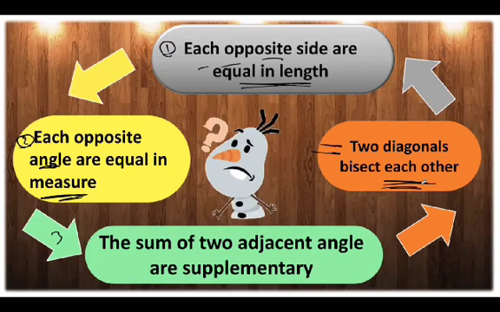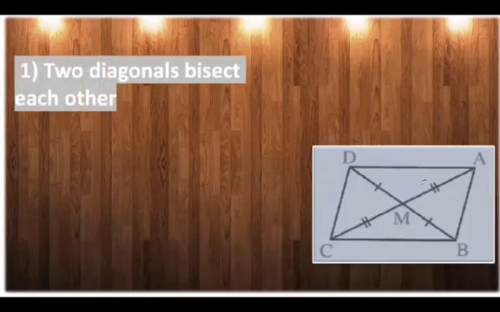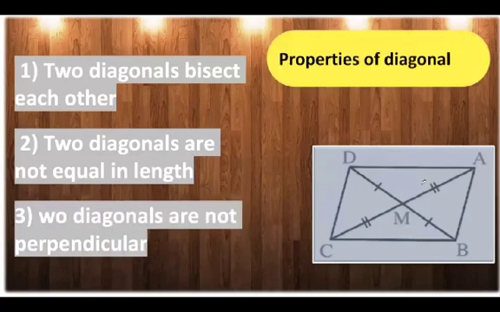Not equal, not perpendicular. Then the property of the two diagonals is that they bisect each other, but the two diagonals are not necessarily equal in length or perpendicular. Look at point M. You will notice that M is the midpoint of AC and M is the midpoint of BD.